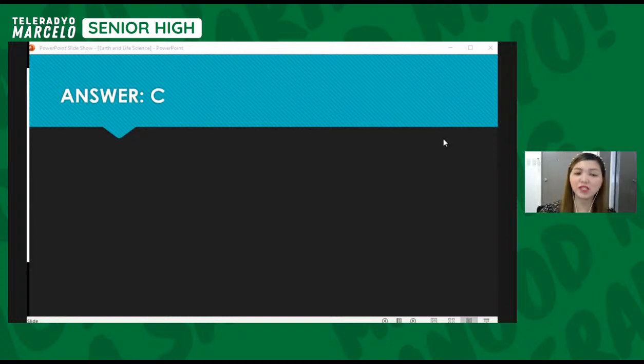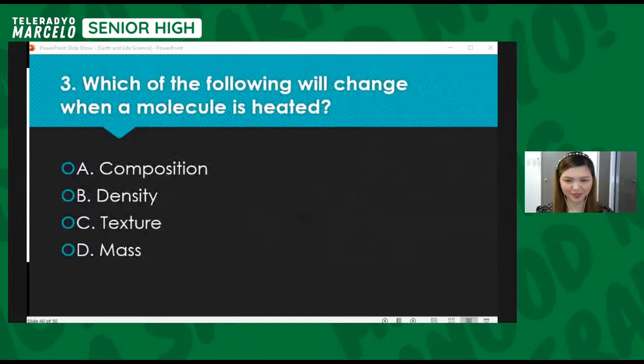Okay, let's move on to number 3. Which of the following will change when a molecule is heated? Letter A, composition. Letter B, density. Letter C, texture.